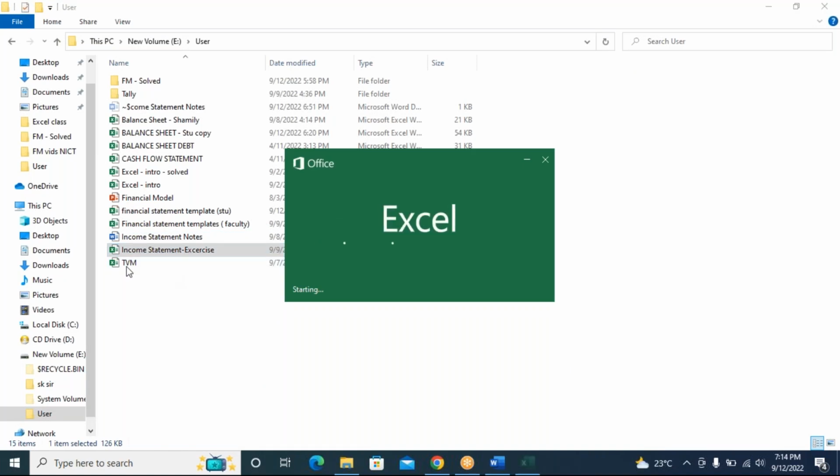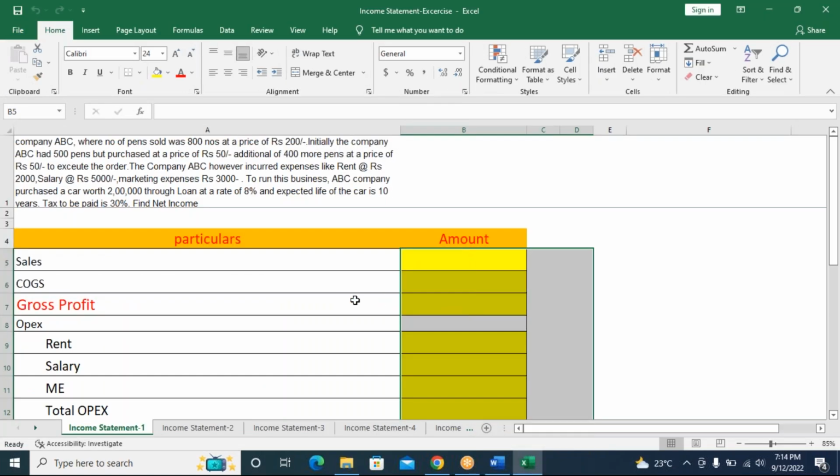I want everyone to open the income statement exercise.